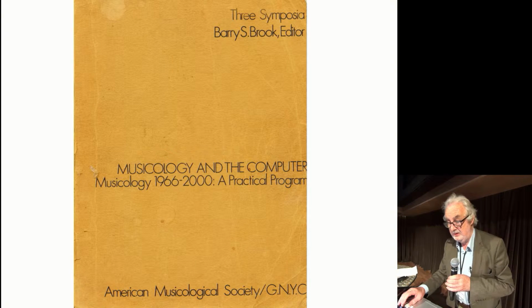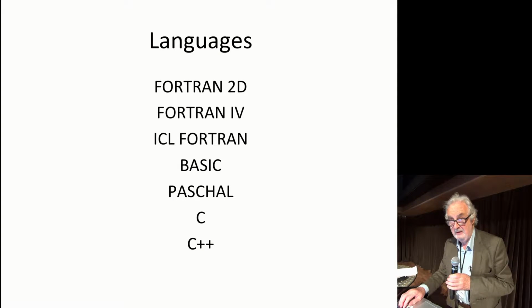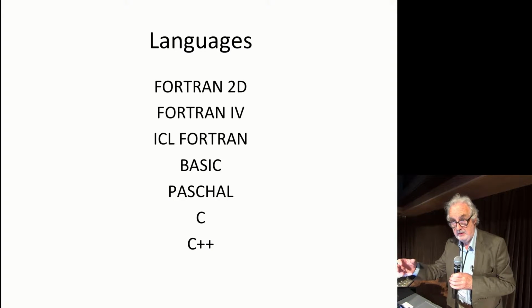My own odyssey through software went via various versions of Fortran, BASIC when PCs became available, which were unthinkable in the 1970s, Pascal, C, and eventually C++. It wasn't until these later programs that there was a facility to represent music in scores in a reasonable way.